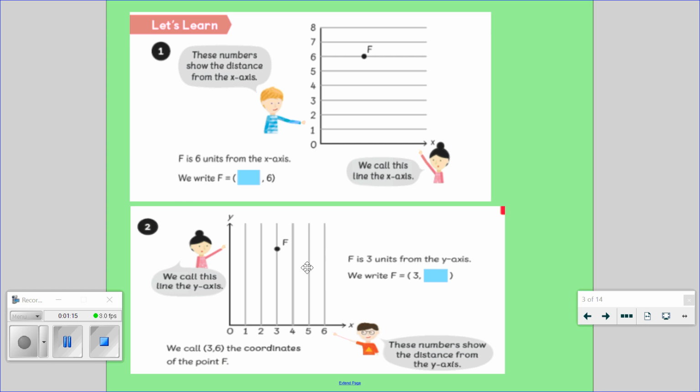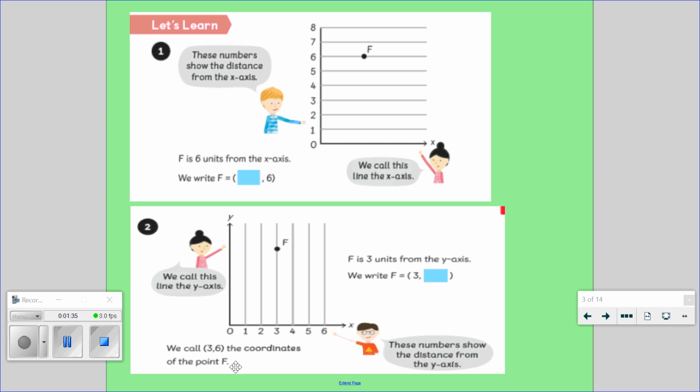Let's look at the 3. We can see that the fly is 3 units from the y-axis. There's the y-axis, and it is 3 units away from it. So we call 3, 6 the coordinates of point F.